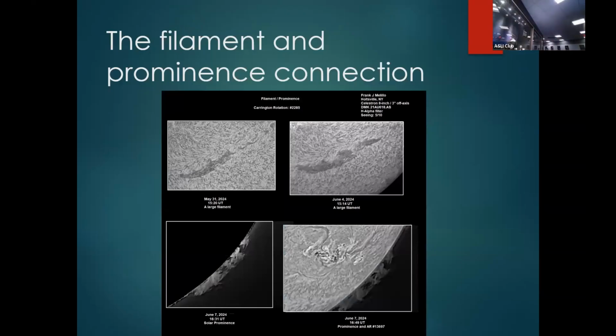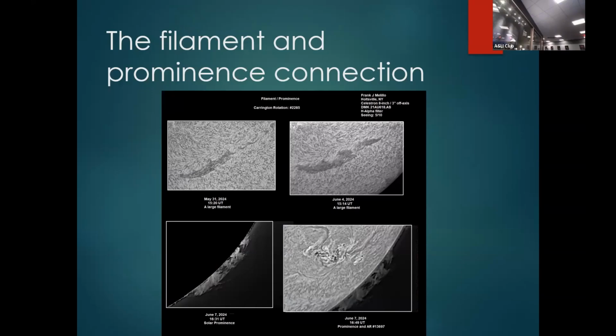Okay, the filament and prominence connection. With the H-alpha filter, when you see the filaments, you also see the prominences. The filament and the prominence are both the same thing, but seen from a different view.